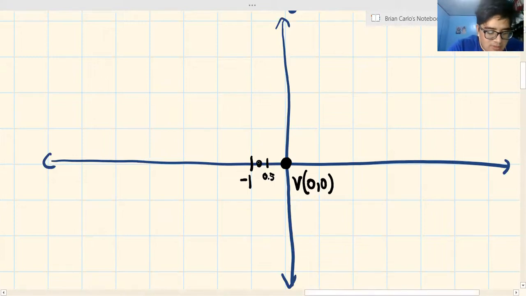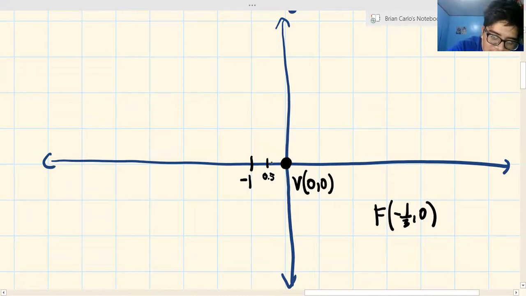Kasi, it's less than. Di ba kasi, ang focus mo is (negative 1/3, 0). Di ba? So, ang negative 1/3 is 0.33. So, less than ka pa dito. Ang hirap, di ba?